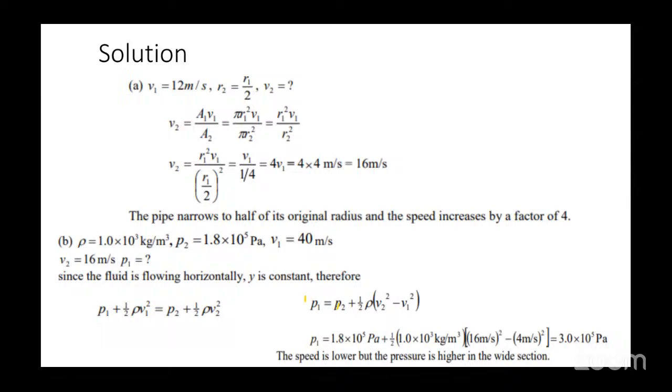So Y2 and Y1 are on the same level, and Y2 minus Y1 gives you 0. So the rho g (Y2 minus Y1) section becomes eliminated. We are going to have only the pressure and the kinetic energy per unit volume section on both sides.